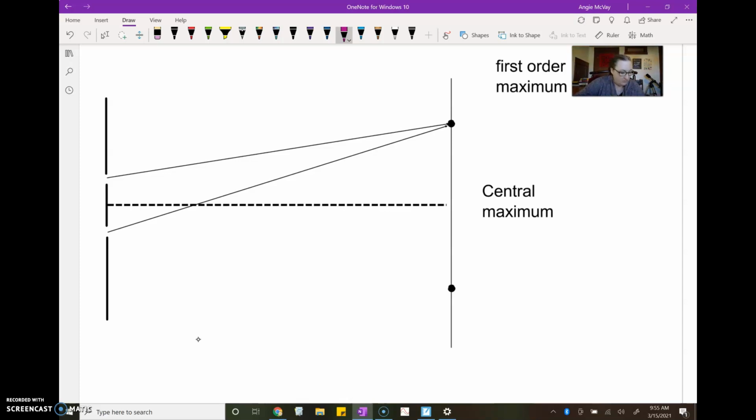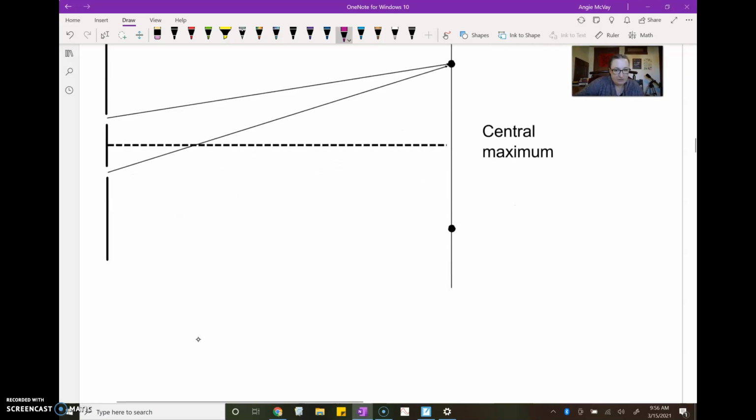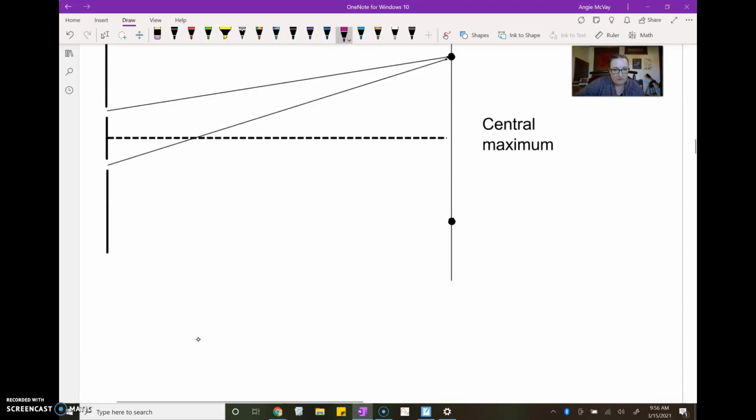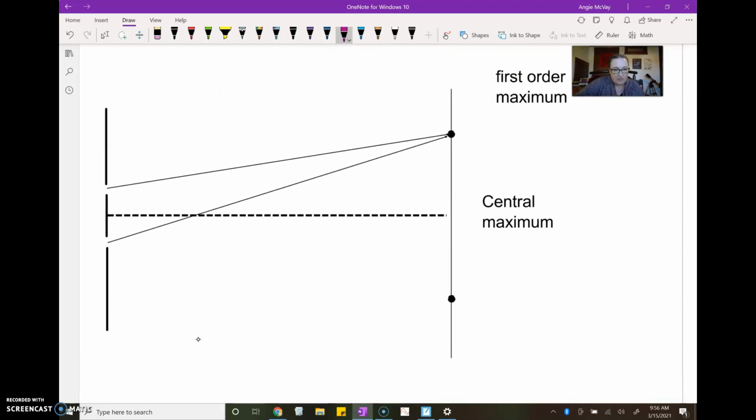So we could even do a similar derivation for a multiple slit interference pattern. Okay, so this is a double slit interference pattern. So what if all of these have similar angles.